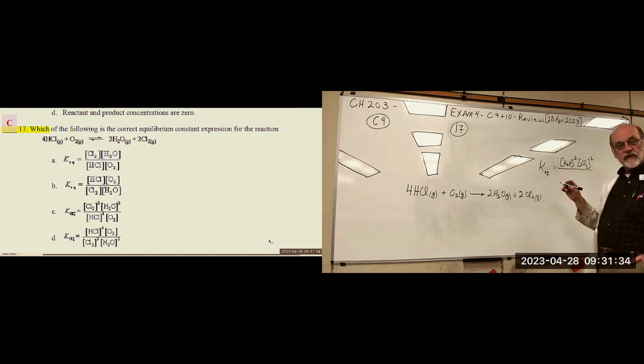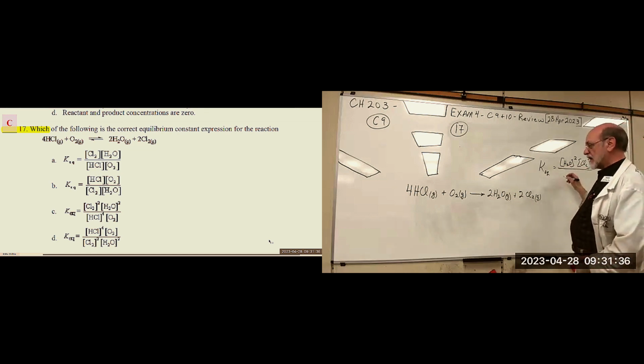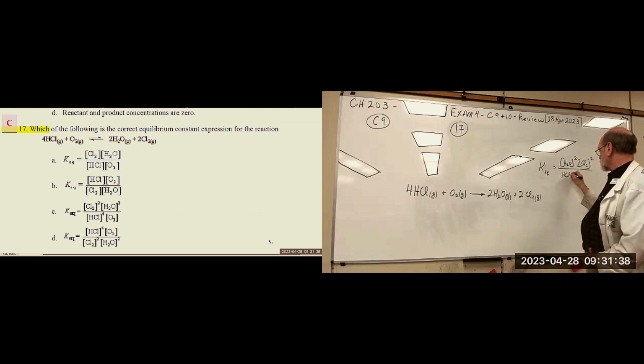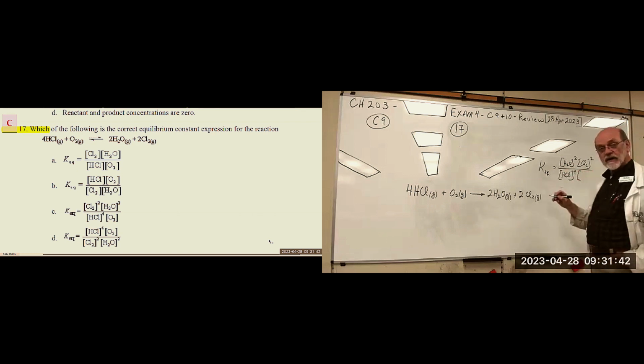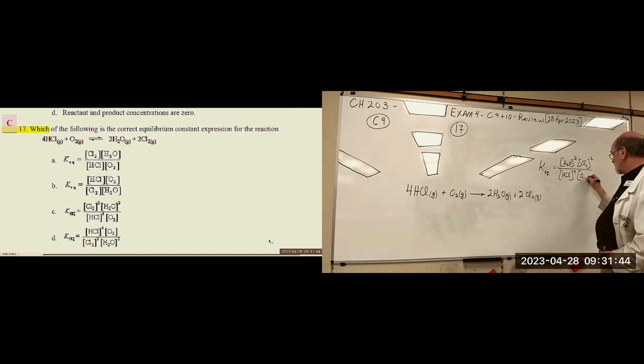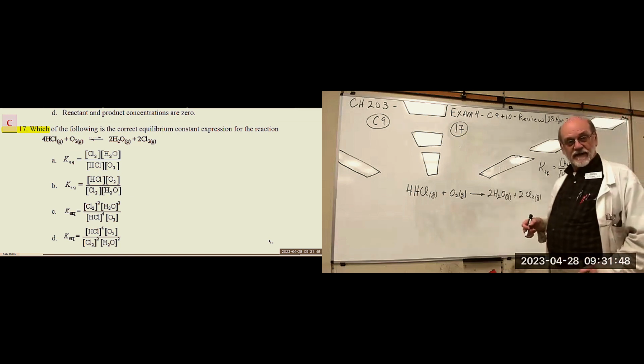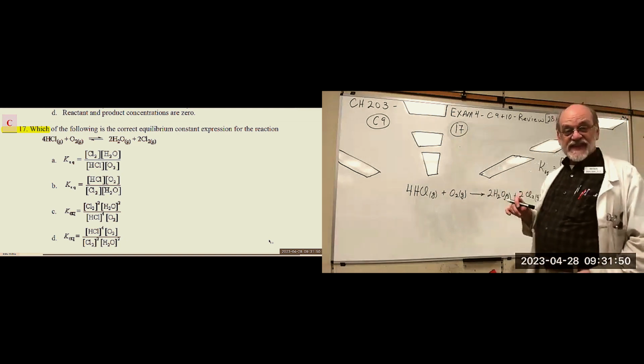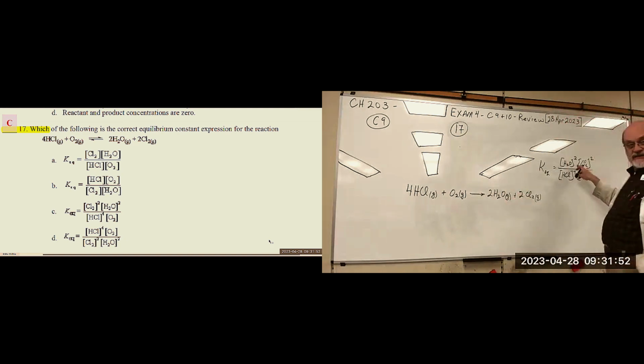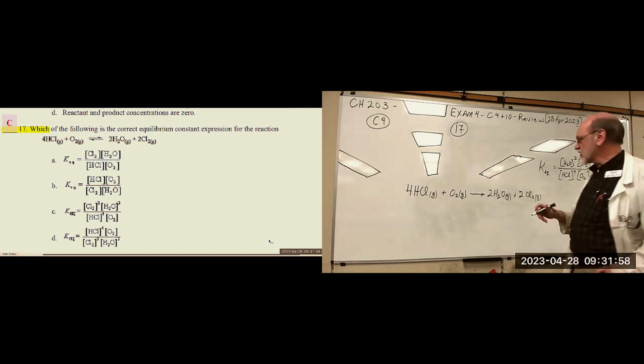And in the denominator, we put the reactants. So we have HCl to the 4th power, and oxygen to the 1st power. All right. So that makes C the correct answer. Let's see, let me check it. Yep, C is the correct answer.